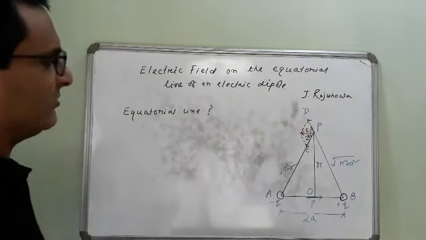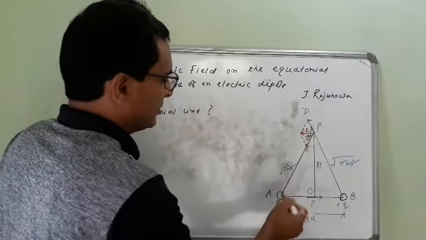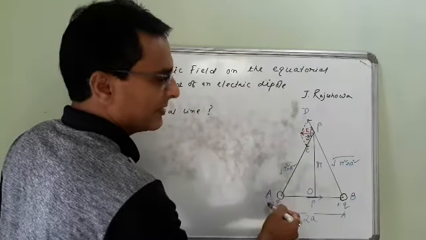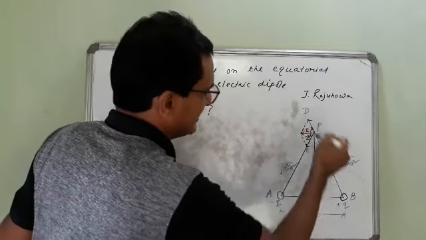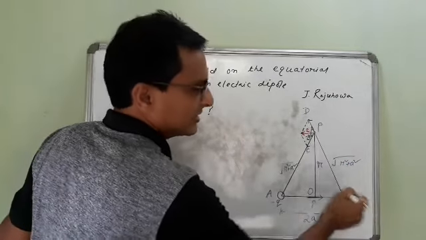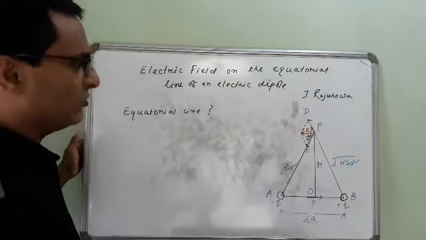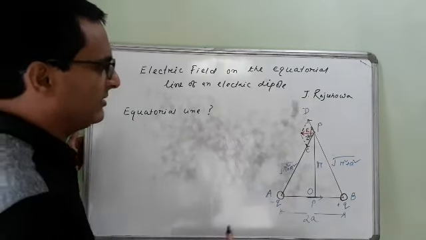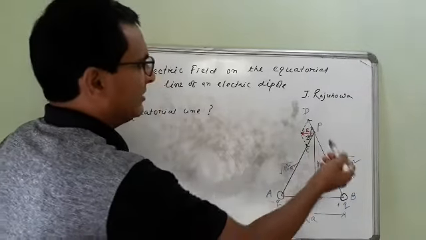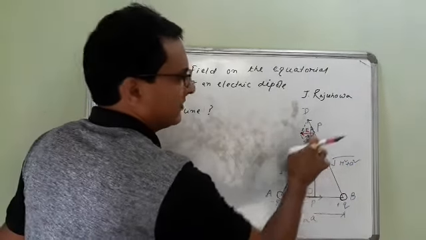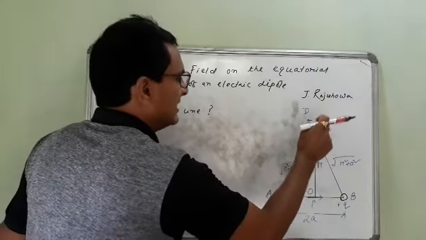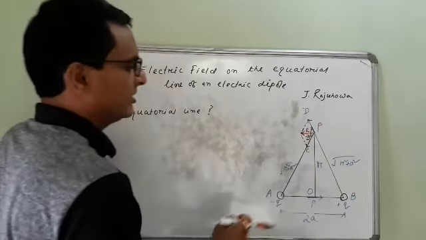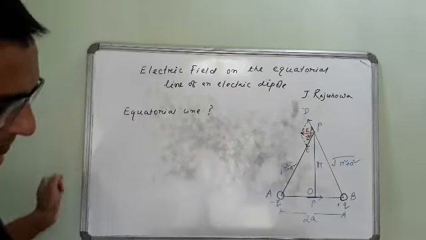Let us first calculate the electric field at P due to this charge, and then the electric field at P due to this charge. Next, in the same procedure as the previous one, we will vectorially add these two electric fields to get the resultant electric field at P due to this dipole AB.